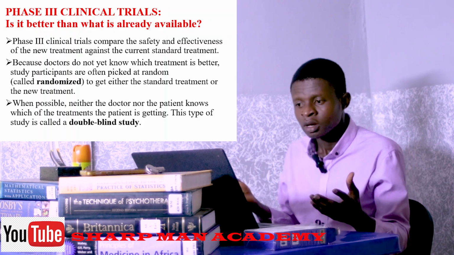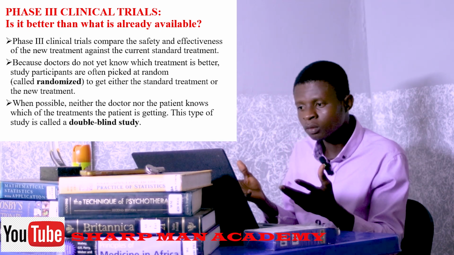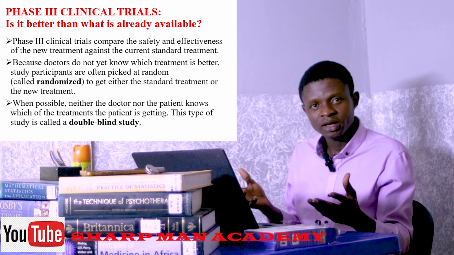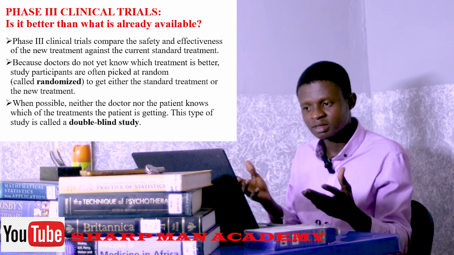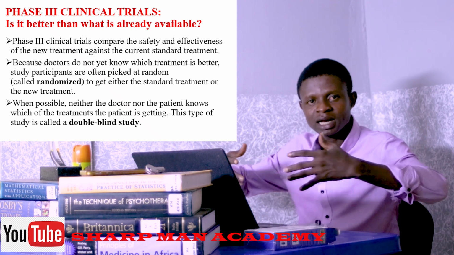In a clinical trial, we don't know which of the treatments is better. So sometimes we pick the patients at random. We do random sampling to group them into two or more groups. Then we give them either the new treatment or the current, old, standard treatment to compare.